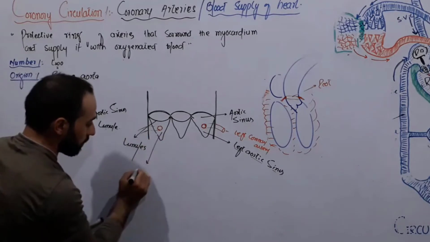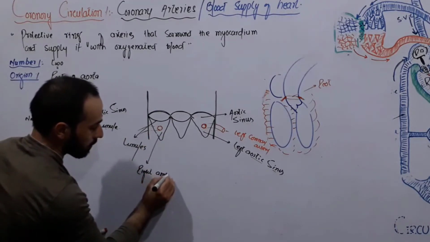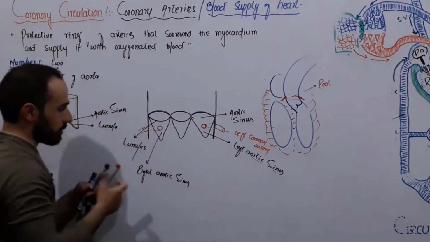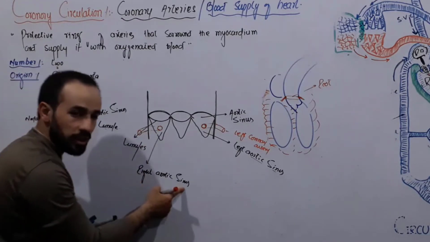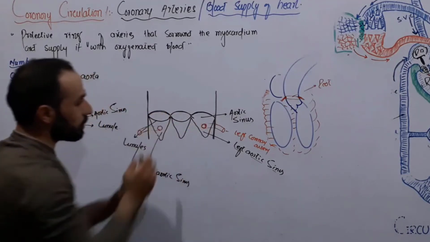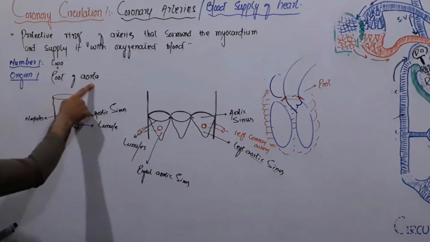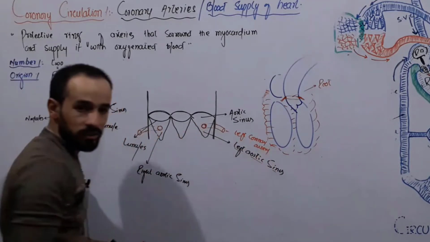And friends, this is our right aortic sinus. So the right coronary artery arises from the right aortic sinus. Clear? So this was about the origin, from which exact parts of the root of the aorta the coronary arteries arise.